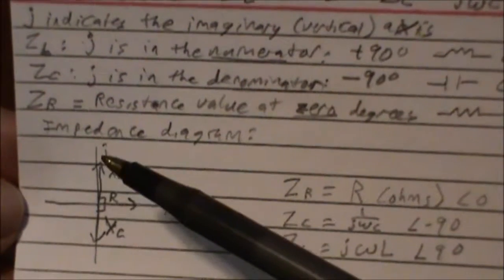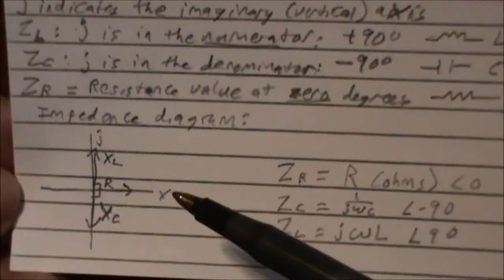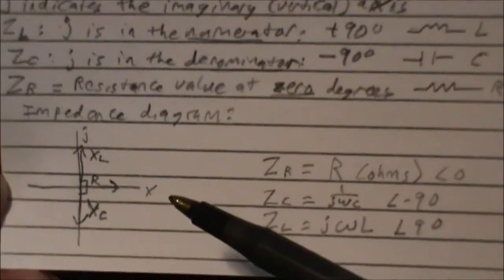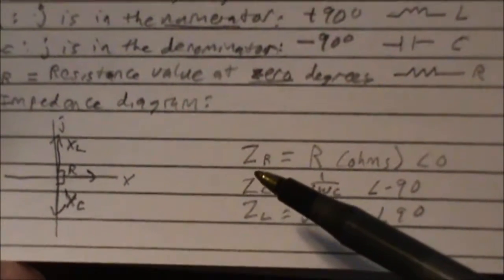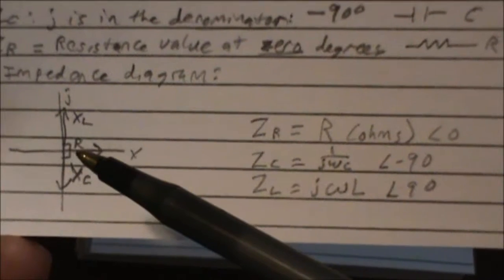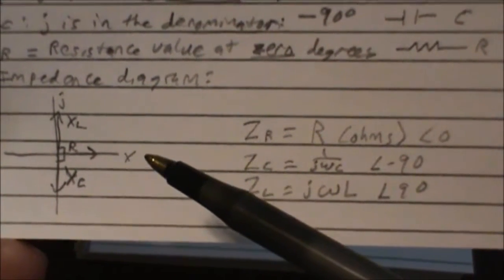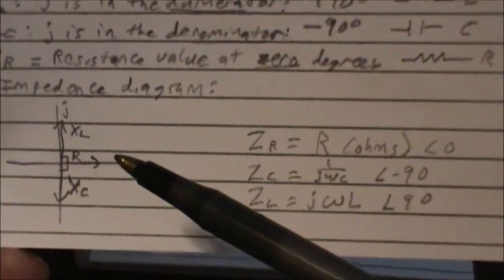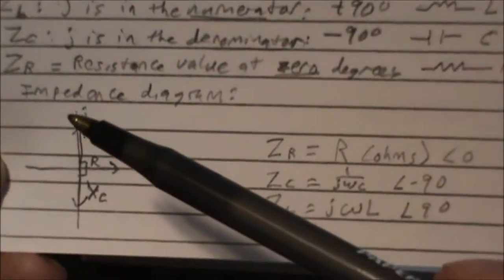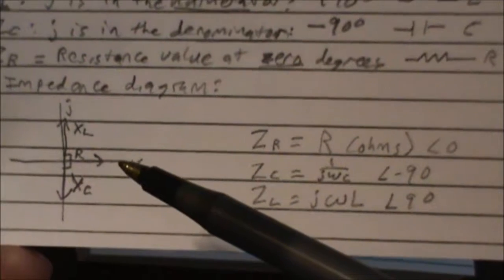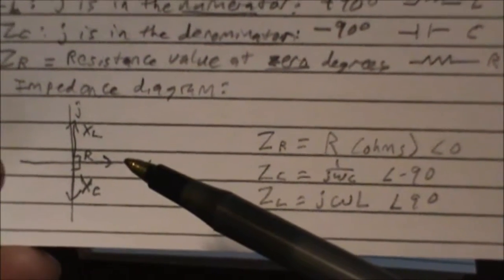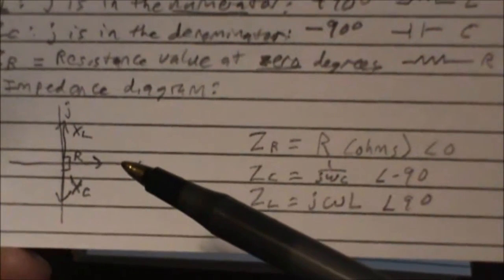There's the imaginary number, and there are real numbers that we learned in grade school, hopefully. So Z sub R, impedance of a resistor, is equal to the resistance of the resistor at 0 degrees. You see such angles as 0 degrees, plus 90, plus 180, and 270, and then back around to 360 degrees, which equals 0 again.